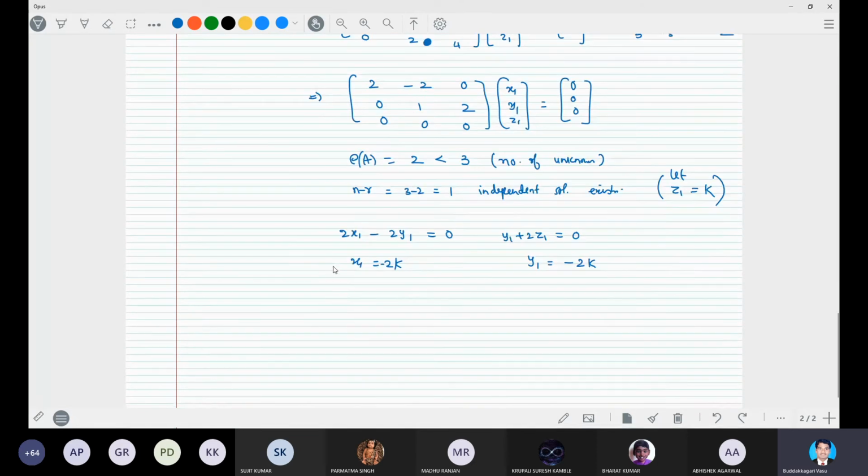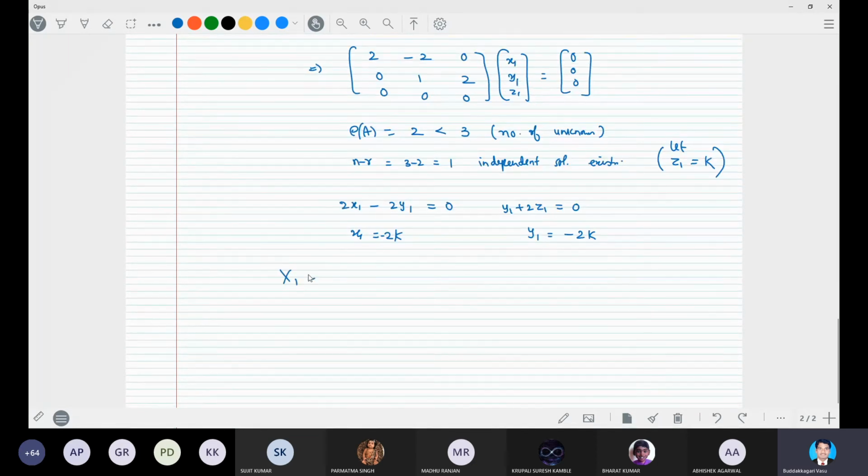So therefore the solution is x1 y1 z1, that is x1 is minus 2k, y1 is also minus 2k, z1 is k. That implies we can rewrite this k into minus 2 minus 2 1.